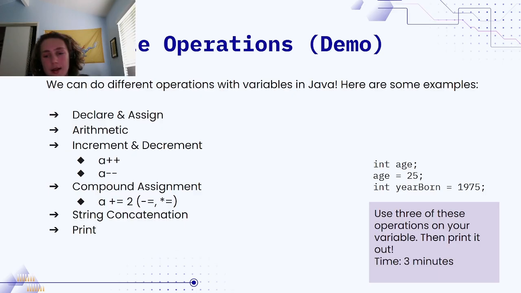So, we did kind of just do this, but I'm going to want you to do another practice where you maybe create another variable. Let's make y or j or something, and use 3 of the operations we talked about so far, and then print it out. Pause the video and come back when you've done that.